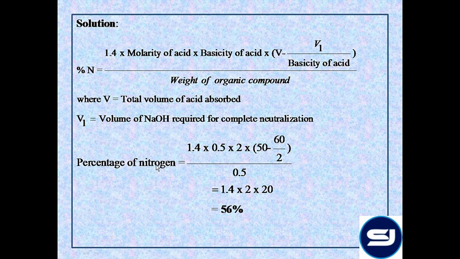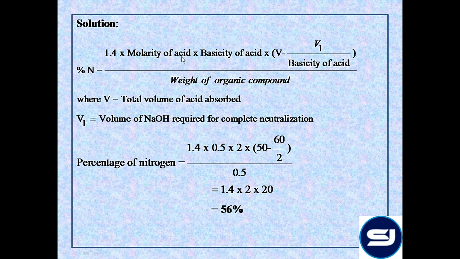So the percentage of nitrogen would be 1.4 times 0.5 times 2 into 50 minus 60 by 2 upon 0.5. So this 0.5 gets cancelled off and the difference comes out to be 20, and the multiplication of 1.4 into 2 into 20 directly gives you 56%.